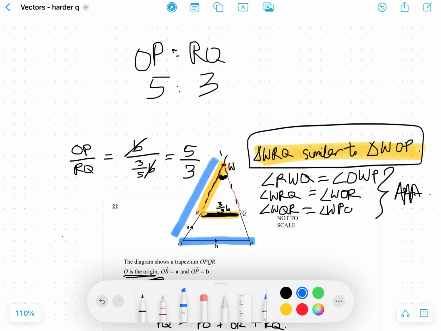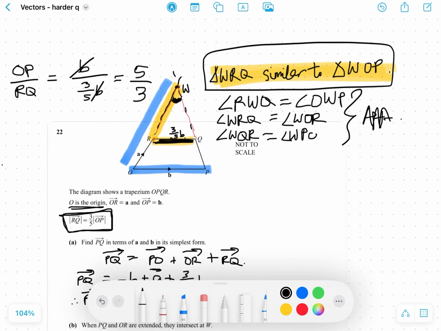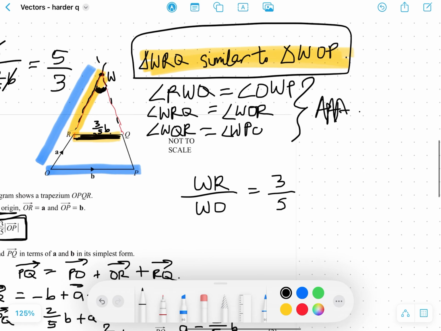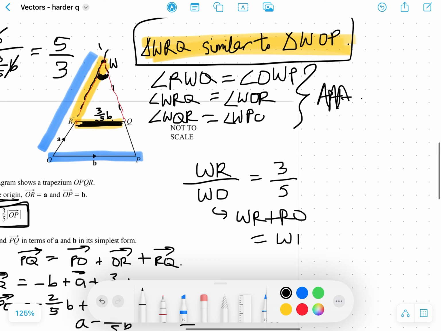So therefore, let's write that down. WR over WO is equal to 3 over 5. Right? It's equal to 3 over 5.